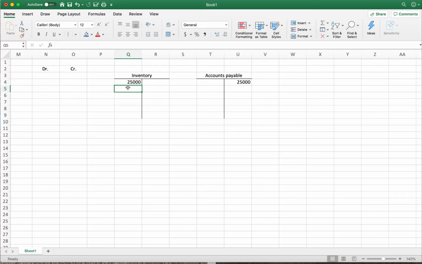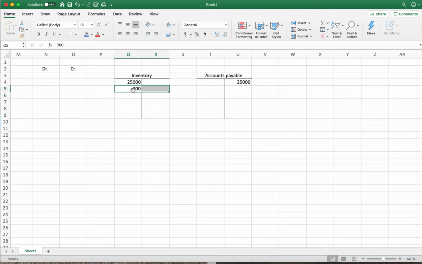Remember, shipping costs increased our inventory cost by $700. So I'm going to debit inventory $700. I need to credit cash, right? I don't need that here because it's not part of what we're looking at. But just know I would need to post that cash credit to the cash T account or to the cash ledger, whichever we're using.